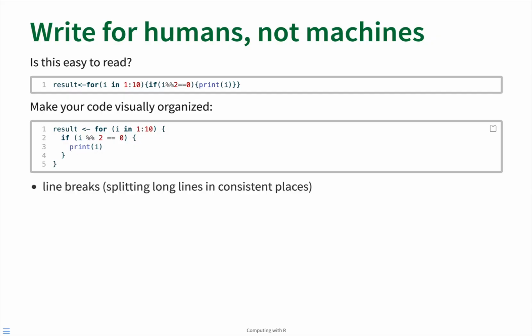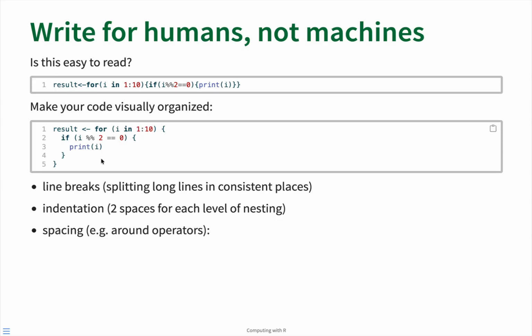So good ways to organize your code are to split long lines up over multiple lines. Even though this is technically all one line of code, we can put line breaks within it to make it easier to read. Whenever we have nested code, we indent it 2 spaces, so each level of indentation here indicates a successive level of nesting.